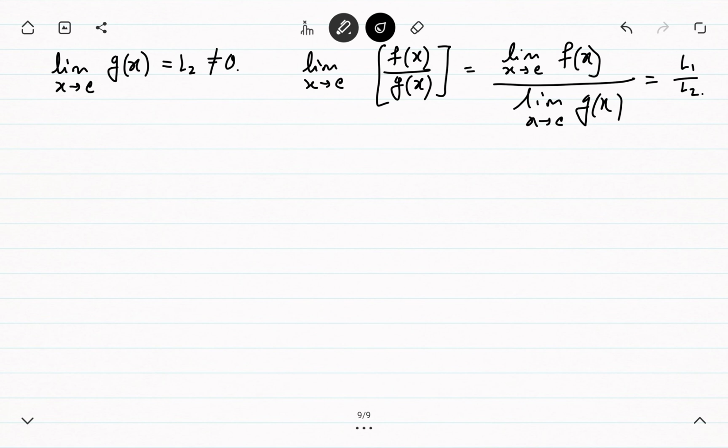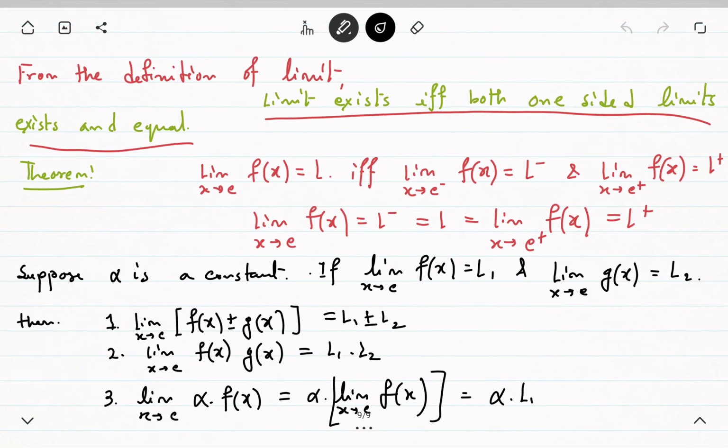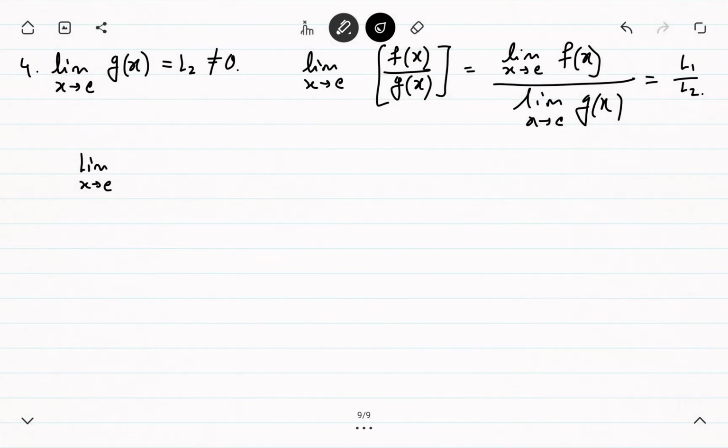Similarly, we can say some power law things. This was the third, this is the fourth, and this is the fifth. If I take f of x to the power n as x approaches c, this will be L1 to the power n, where n is positive.